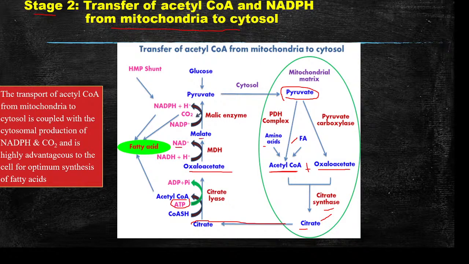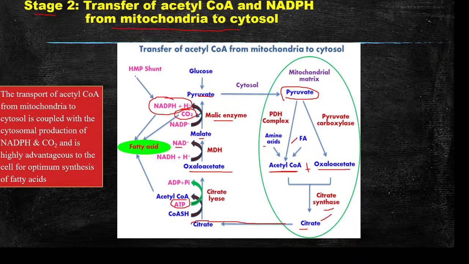Malate is converted to pyruvate by the action of malic enzyme. This reaction provides one molecule of NADPH required for de novo fatty acid synthesis. Here malate undergoes a decarboxylation reaction and produces carbon dioxide, which also acts as one of the components of fatty acid.